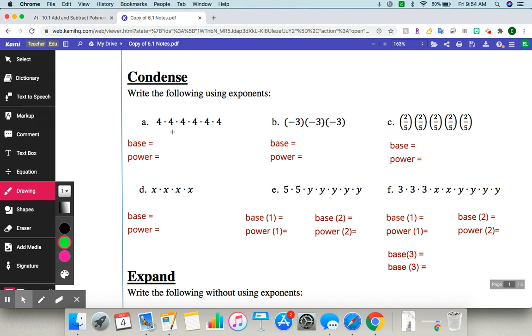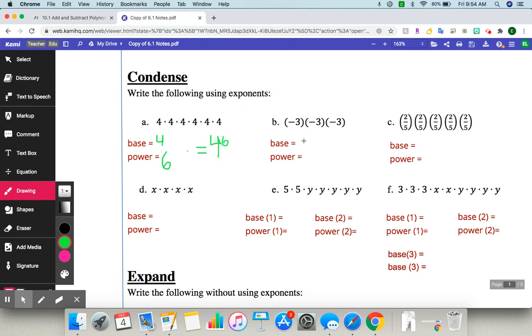So in these 6 examples, we're going to look at what the base is and how many factors of the base there are to tell us the power. So in sample A, we have the base of 4, and there are 6 factors of them. So this is 4 to the 6th power.